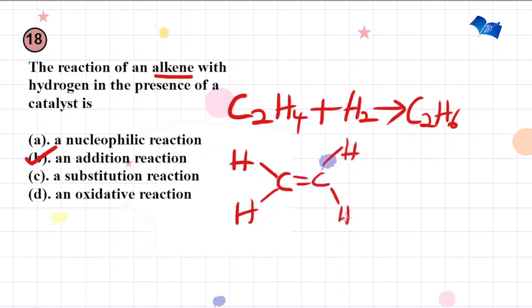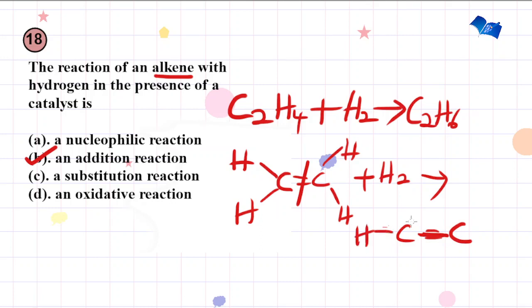This is the structure of ethene. Now, when it reacts with hydrogen, you get ethane. The double bond will be removed, and then you now have a saturated hydrocarbon, ethane, with a single bond. Then you have your hydrogen atoms attached to each of the carbon atoms. You have 6 hydrogen atoms now, and all single bonds.